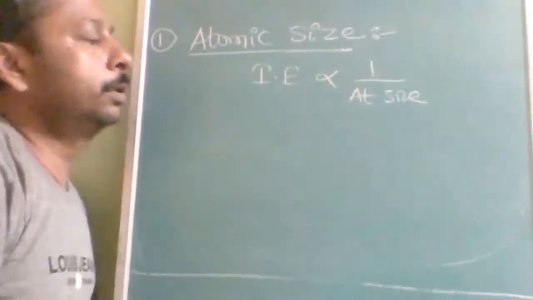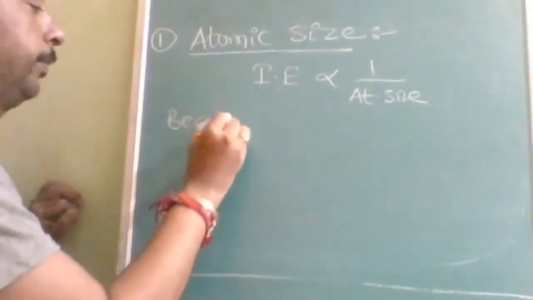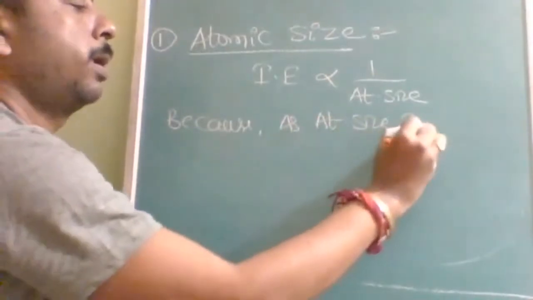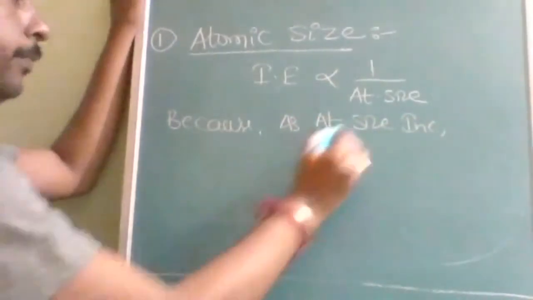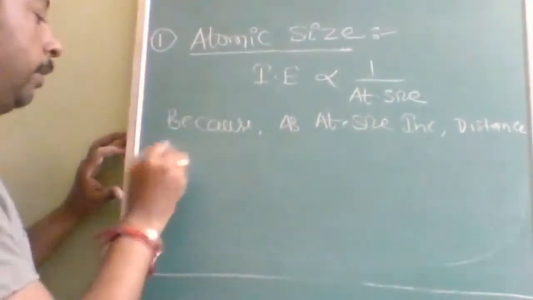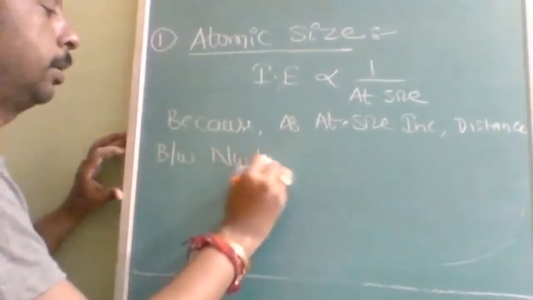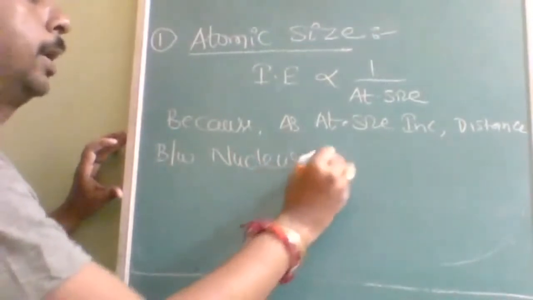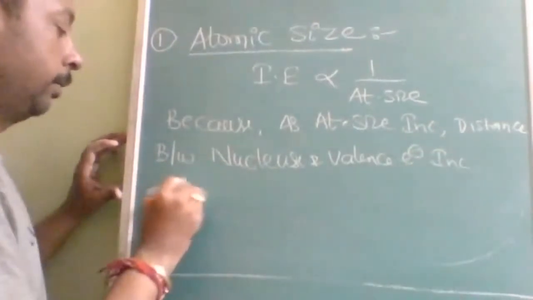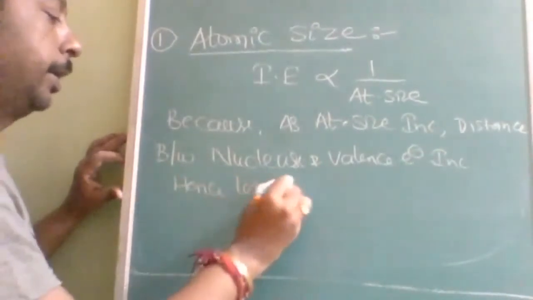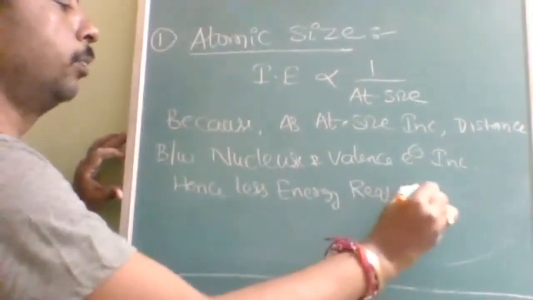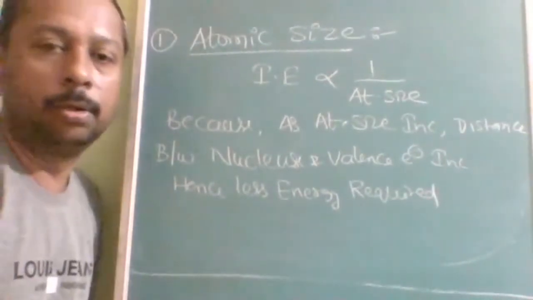Okay. Reason, what is the reason? Because as atomic size increases, distance between nucleus and valence electron increases, hence less energy required to remove electron.